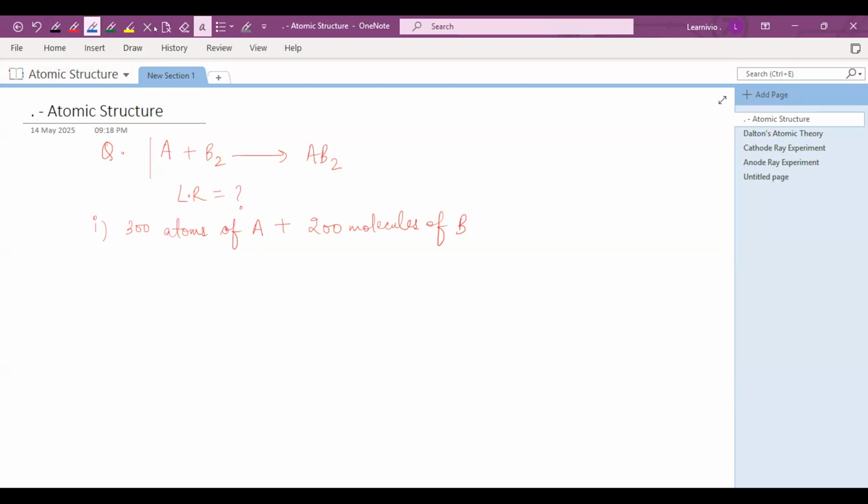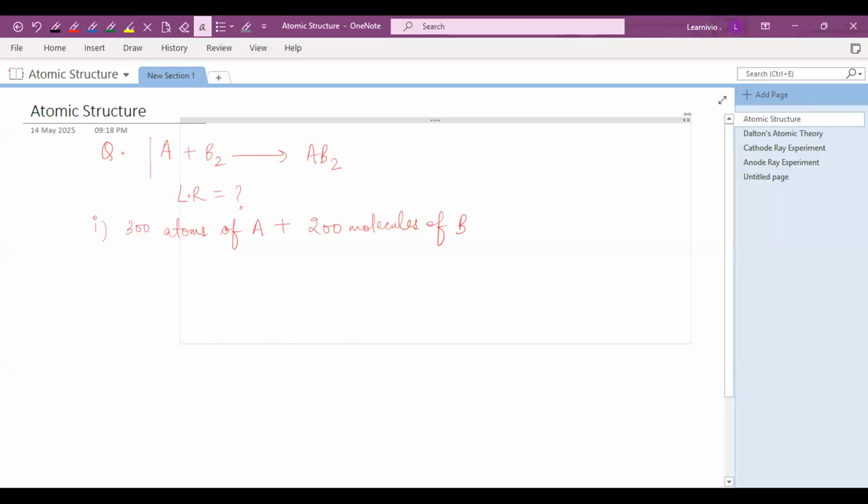Now you can see, from the equation, A plus B2 is equal to AB2, right?